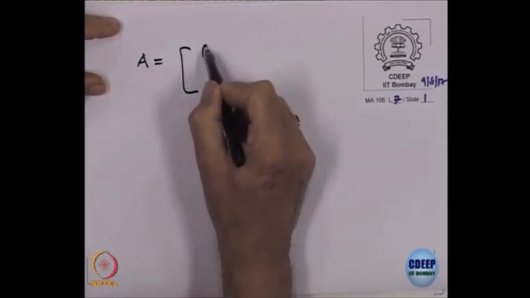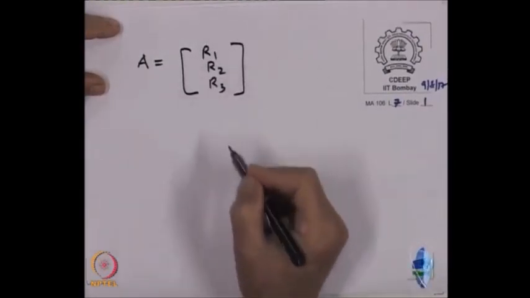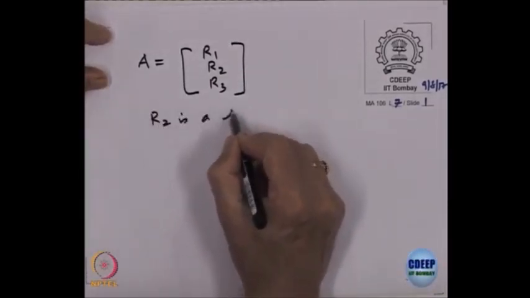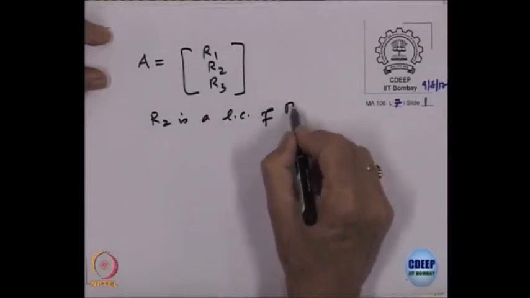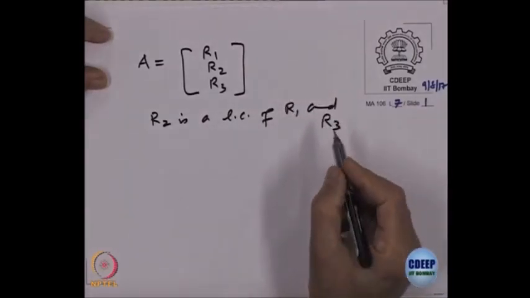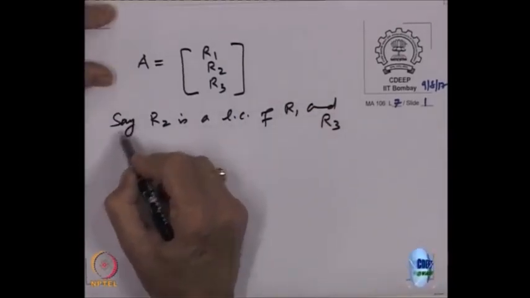So, let us take a matrix A, which has R1 here, R2 here and R3 here, right. Let us say R2 is a linear combination of R1 and R3. They are dependent, so one of them will be a linear combination, let us say R2.